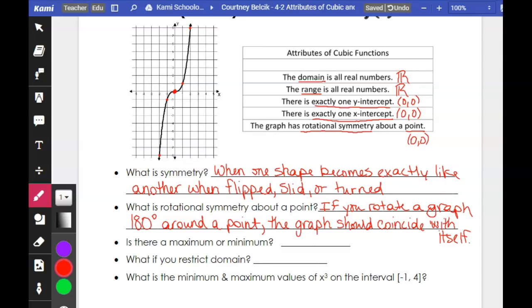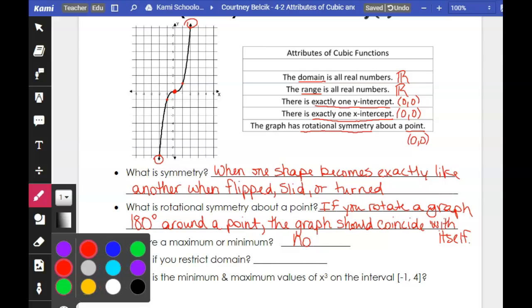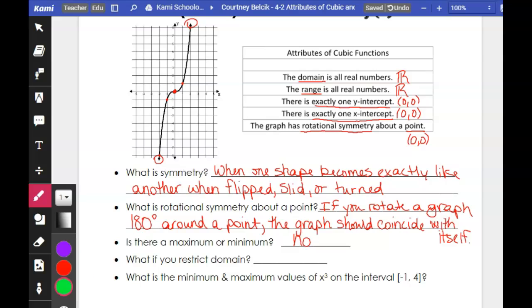Let's go back to this parent function. Is there a maximum or a minimum y value? Well, we've got an arrow here, so there's no minimum. We've got an arrow here, so there's no maximum, so the answer is no. There's not. But if you restrict the domain, what that means is that you're only considering maybe the domain from -1 to 1.